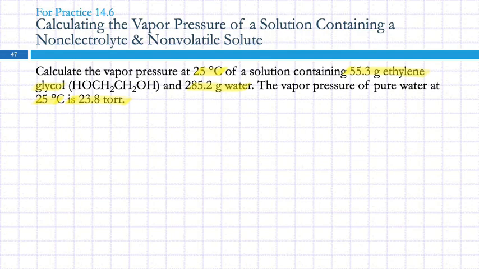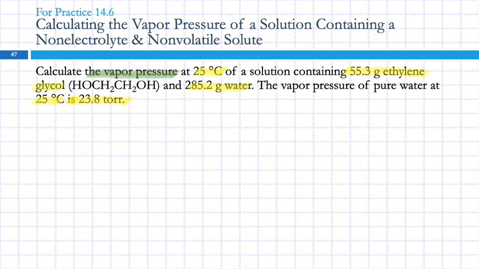And they're saying calculate the vapor pressure. So the vapor pressure of this solution is going to be less than the vapor pressure of pure water. This is not something that we can do with unit conversions. This is one that requires an equation.